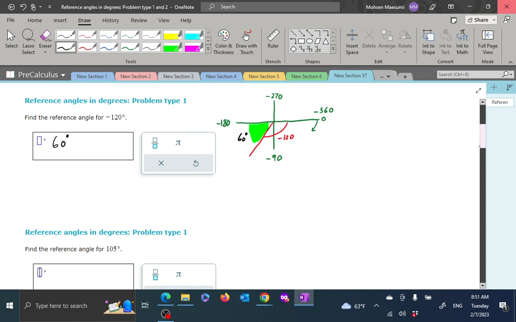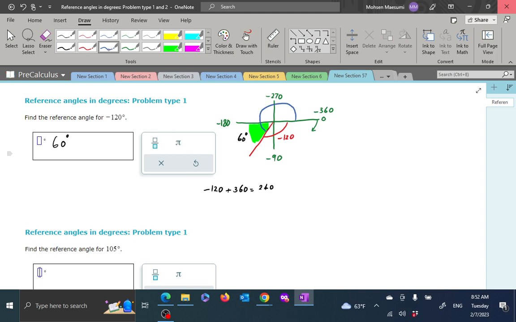Let's look at this problem one more time. Suppose you don't feel all that comfortable with negative numbers. How about minus 120? Here's a simple trick to make it positive. Take your negative angle and add 360 to it. So of course now you get 240. What does that mean? It means we are reaching the same terminal side, but this time we are traveling in the positive direction.